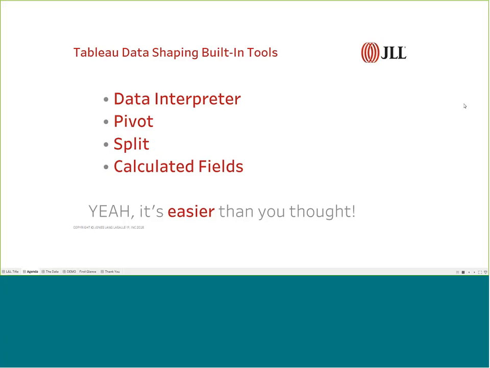Sometimes you'll get data where a field is concatenated from 2 different pieces of data, and you want to separate those out. And then we'll talk about calculated fields inside of the data connection window. And what I'm hoping to accomplish is to show that shaping your data is easier than you thought inside of Tableau.